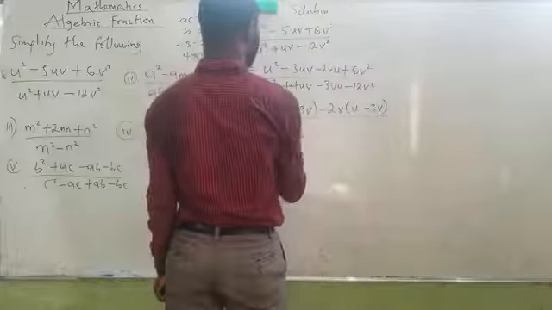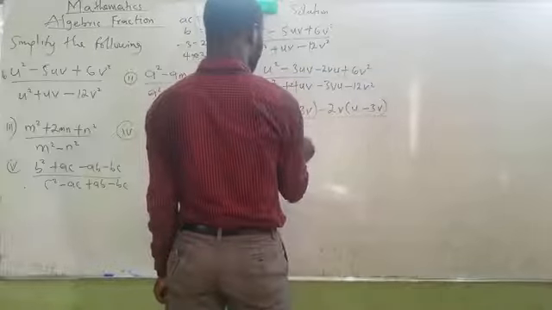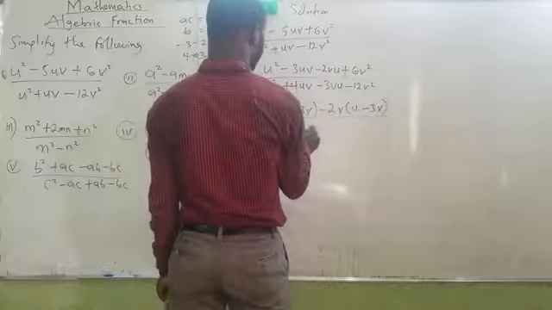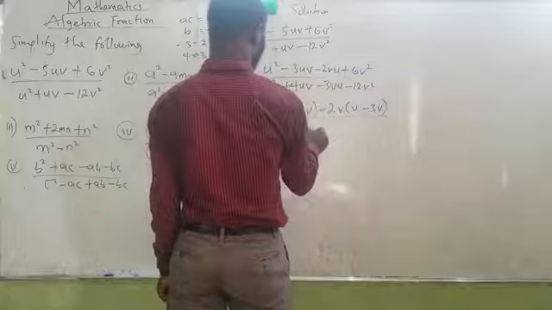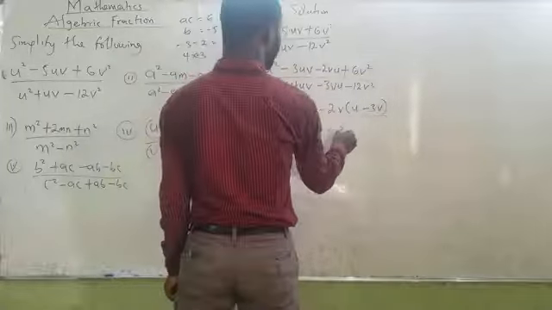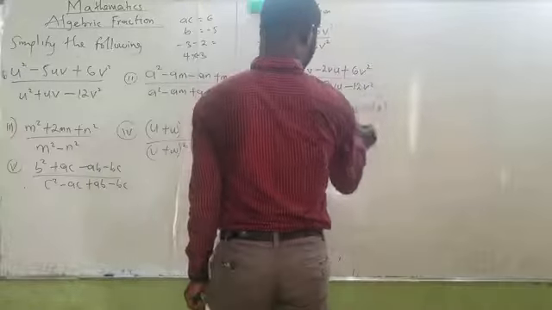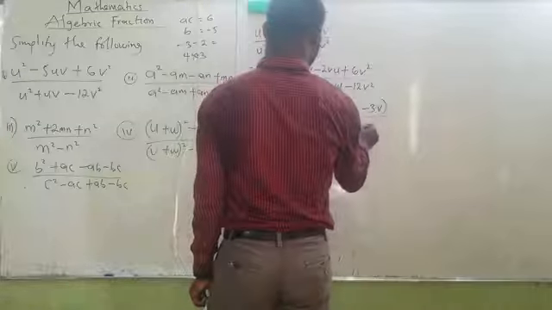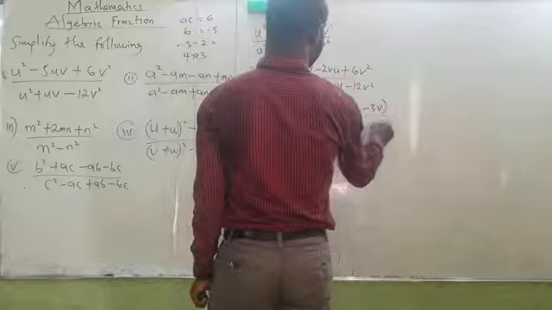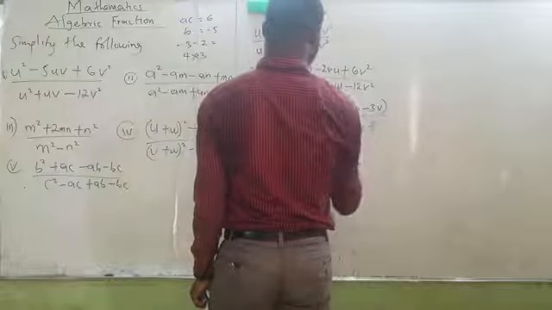Now, divided by u bracket of u plus 4v minus 3v bracket of u plus 4v.